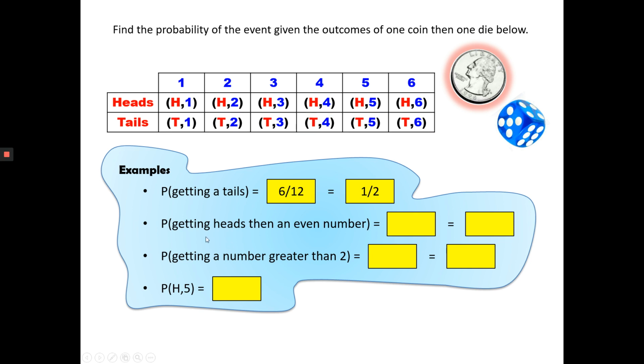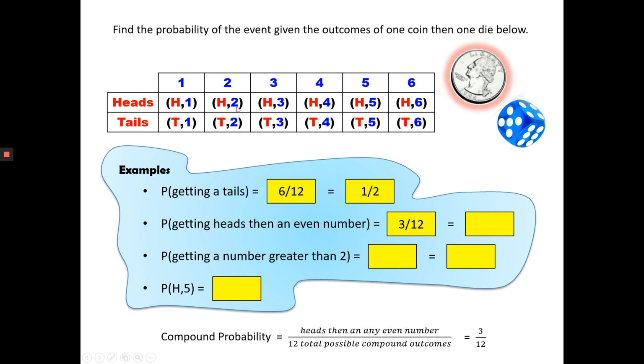All right, let's take a look at this one right here. What's the probability of getting heads first and then an even number? So when you're taking a look at that, all the tails outcomes are not going to be what we're going for. We're looking at all that top row, but we're only interested in the ones that have an even number.